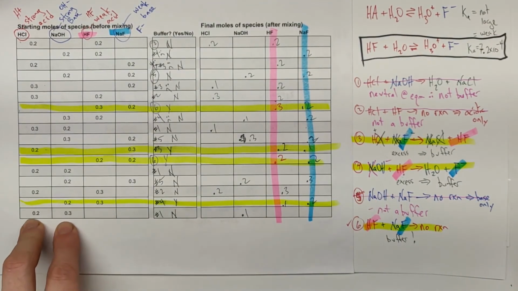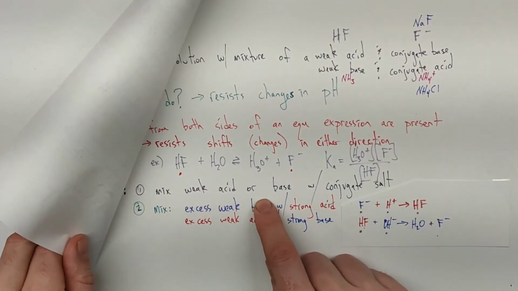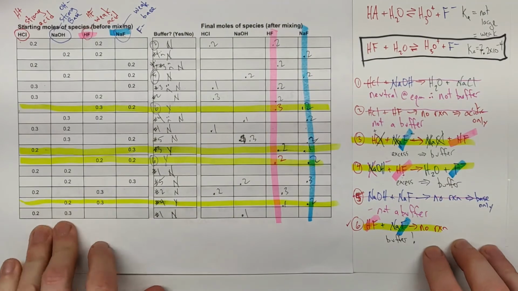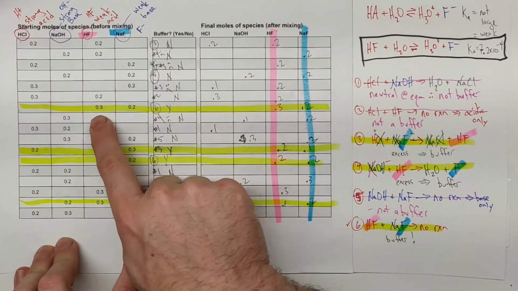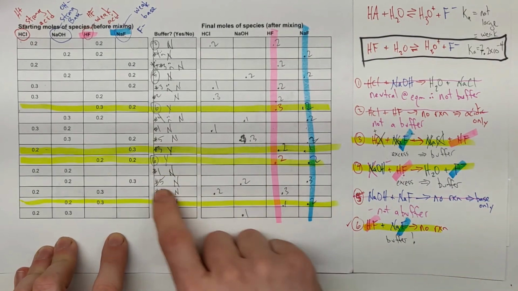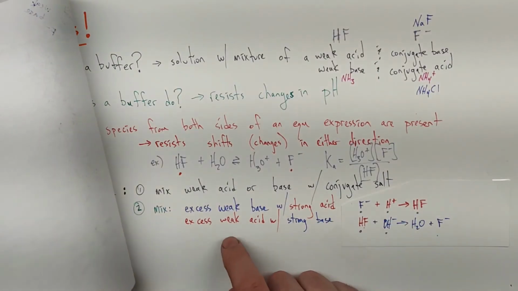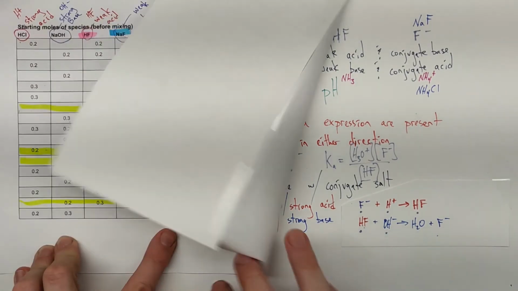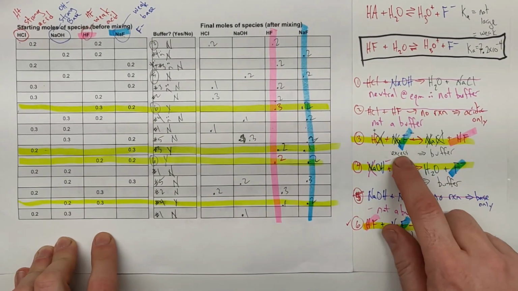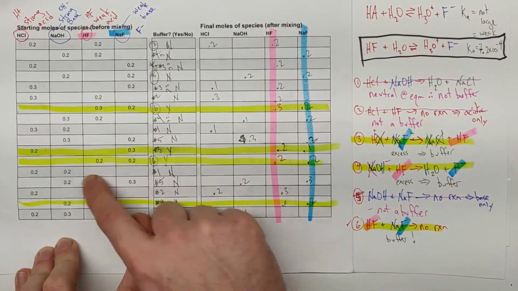All right, so the short idea is, we had said you can either have a mixture of weak acid or base and its conjugate, and that was going to be right here. The amounts didn't matter as long as you had some of each. And then we can take excess weak base with strong acid. That's our number 3s that worked, and that is right there.